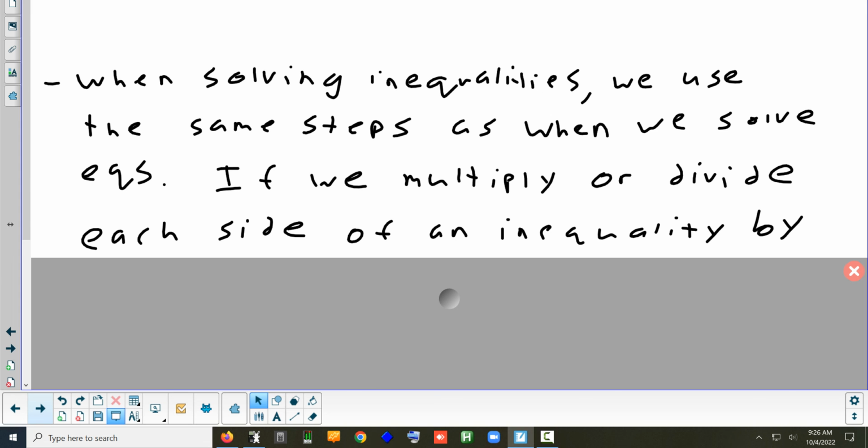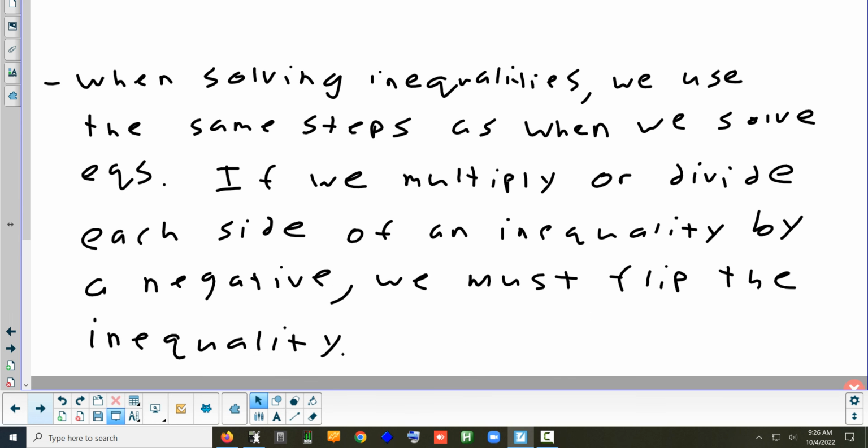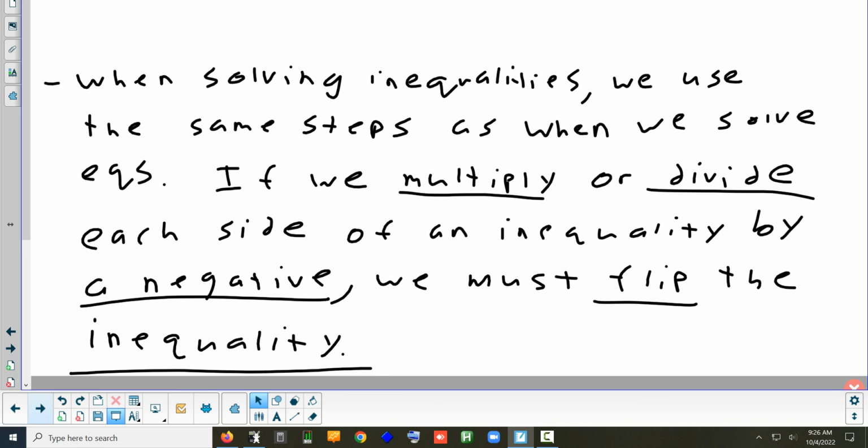If you multiply or divide by a certain number, we have to do something. Does anybody remember with inequalities, if you multiply or divide by a negative, what do you have to do? You have to flip the sign. So if you multiply or divide, not if you add or subtract, just if you multiply or divide by a negative, flip the inequality.